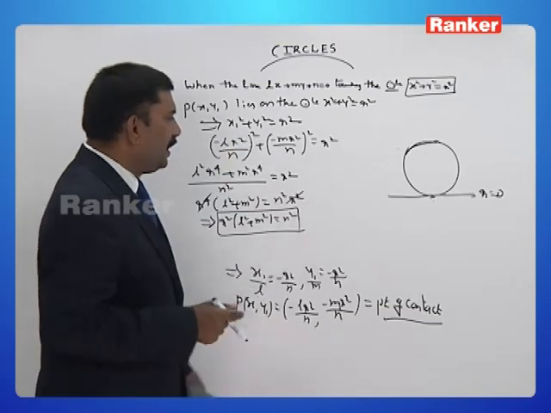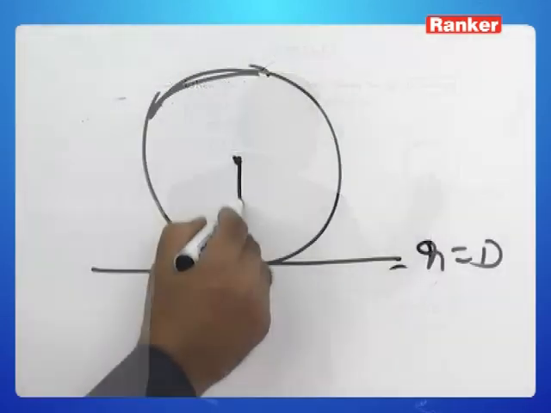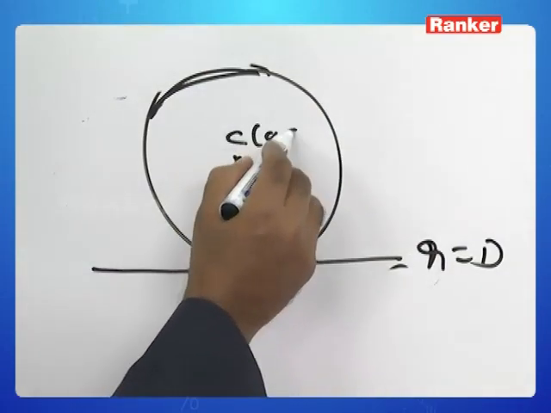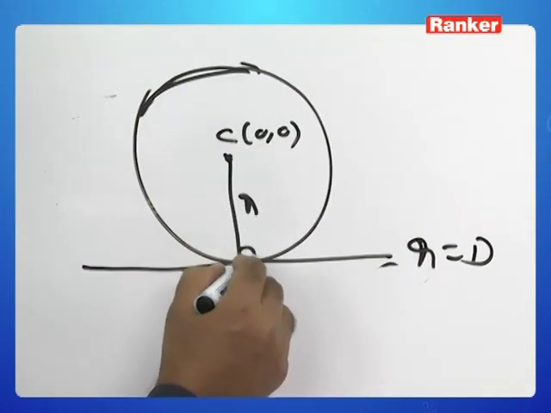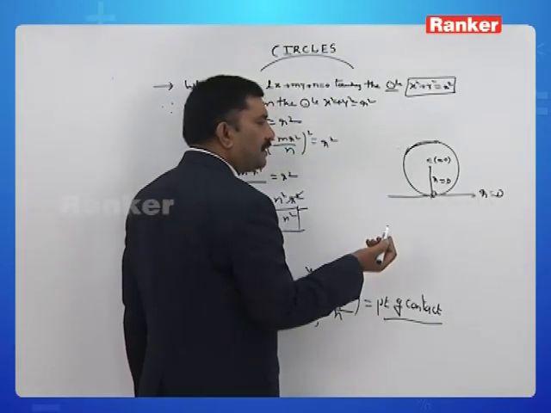To prove this condition in another way, this is the center, the center is (0, 0), this is r, and we call this d. What is d? The perpendicular distance from the center to the line.